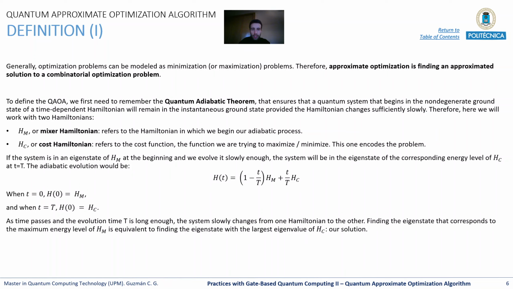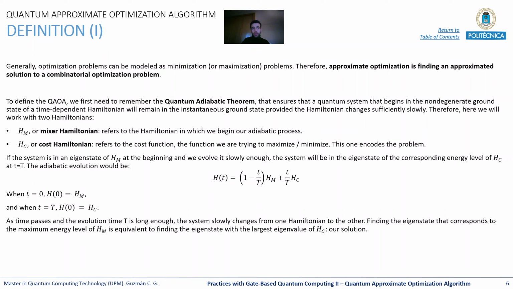So what does this mean? That means that if we have a system that begins in the lowest energy state of a Hamiltonian that is dependent on time, so it's changing through time, and you change the Hamiltonian really, really slowly, the system will continue to be in that ground state, in that lowest energy state.